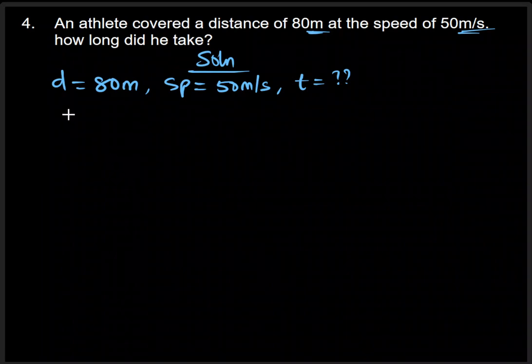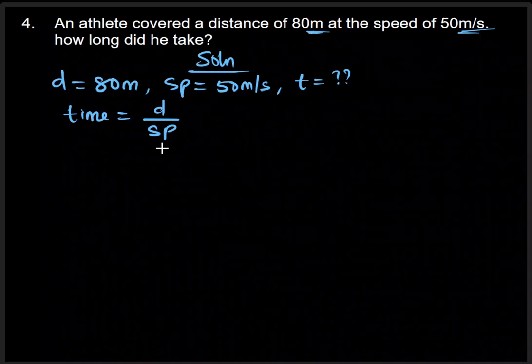And how do we get our time? Time is equal to distance divided by speed. So our time will give us 80 divided by 50.